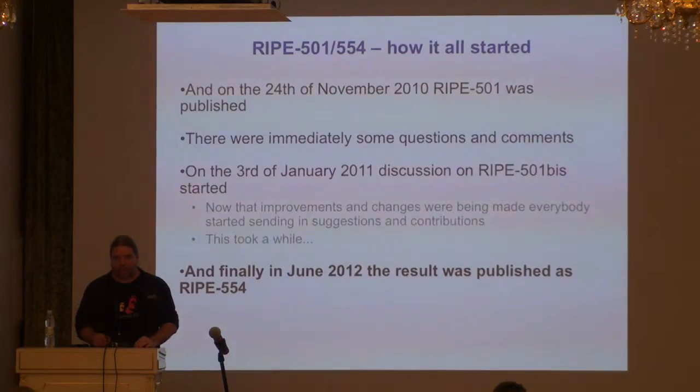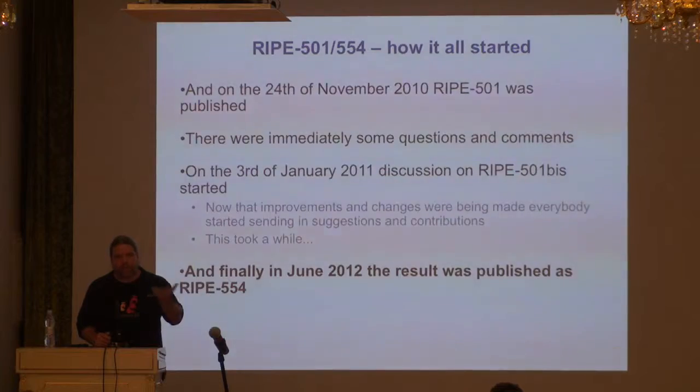On 24th November 2010, RIPE 501 was published, and then on 3rd of January 2011, RIPE 501 bis started, and then in June 2012, the result was published as RIPE 554. So it was basically 2.5 years of hard work put into this document, lots of community work, but I'm glad we did it.